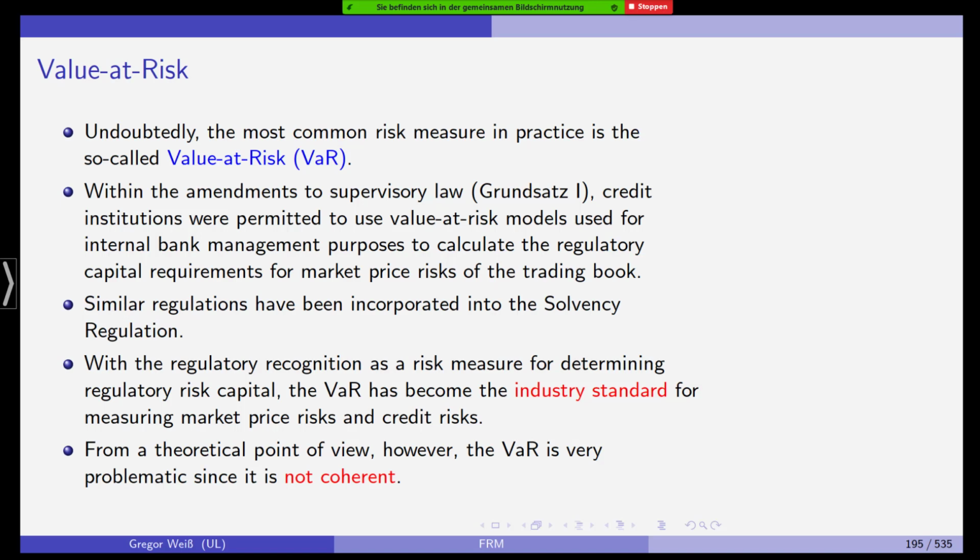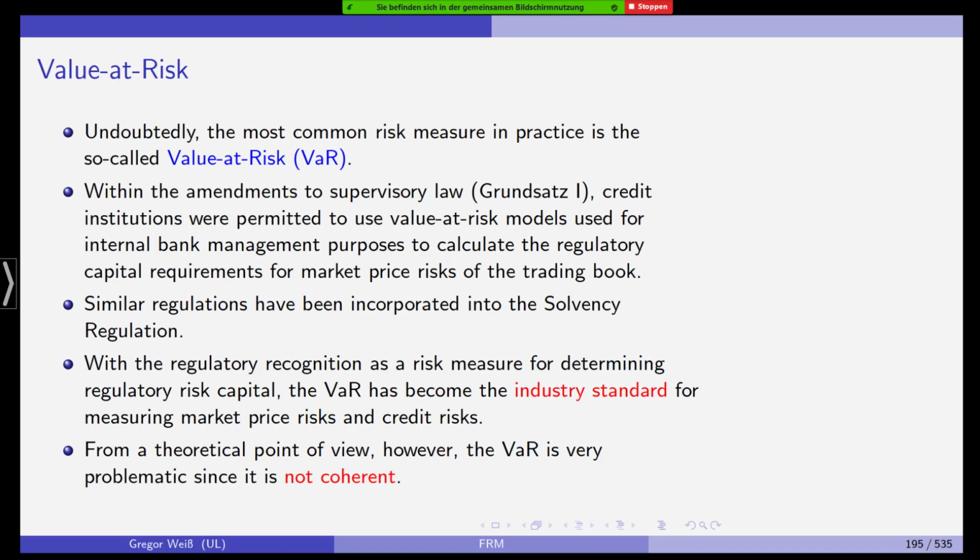Now it started with the amendments to the German supervisory law, which we call Grundsatz 1, back in the, I think, early 90s, when credit institutions were permitted to use value at risk models used for internal bank management purposes, and not only internally, for example, for the expected loss in credit risk management, but they were also allowed to calculate regulatory capital requirements for market price risk of the trading book.